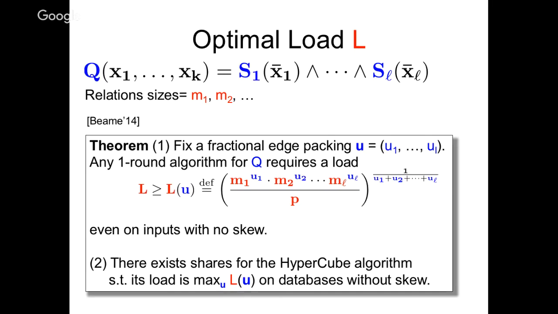For any such choice, this quantity is a lower bound on any one-round algorithm computing that query. It follows that the maximum over all fractional edge packings is also a lower bound. And it turns out that that maximum is actually also an upper bound. We can find matching shares for the hypercube algorithm that achieve exactly this load given by the maximum of L over all possible fractional edge packings.